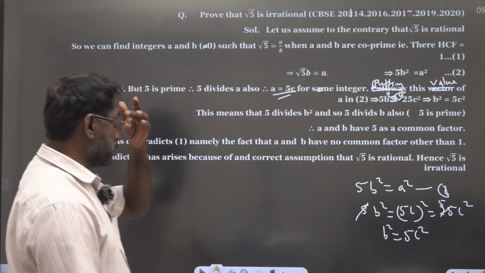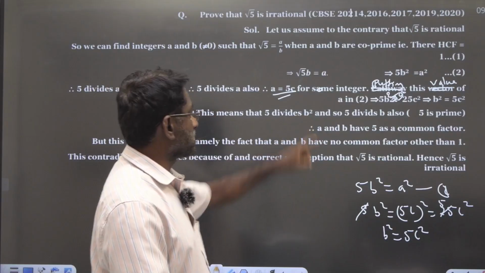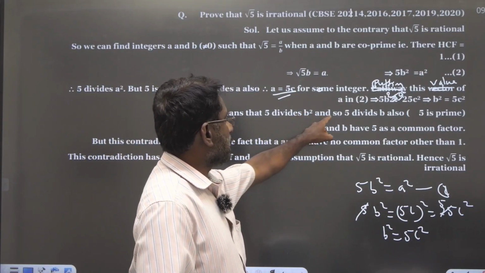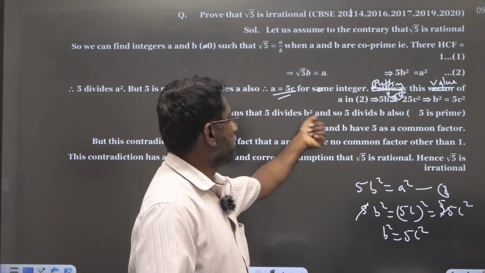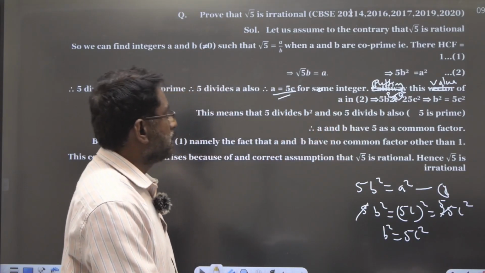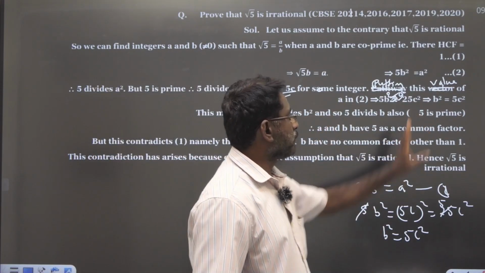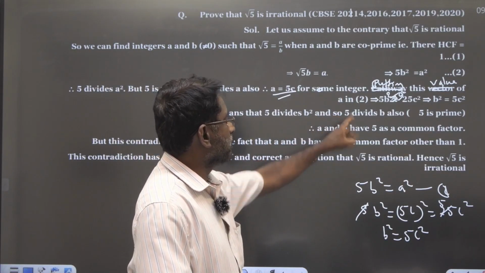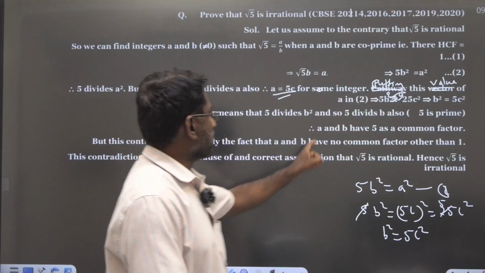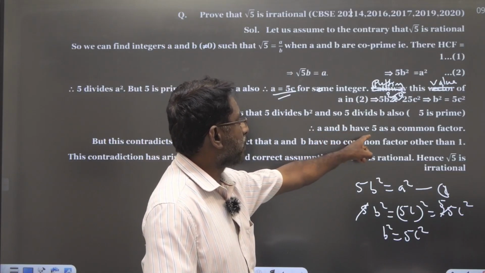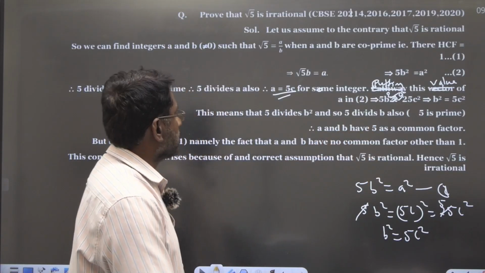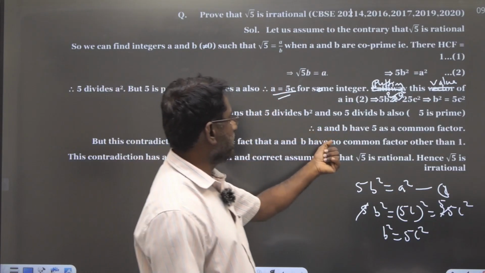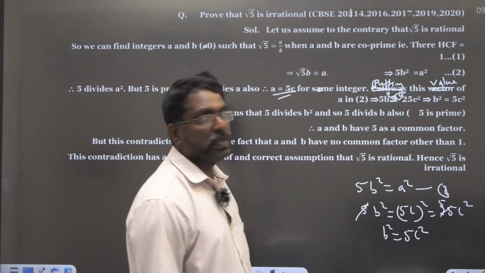This means that 5 divides b square, and so 5 divides b also, because 5 is prime. If 5 divides b square, 5 also divides b. Therefore, a and b have 5 as a common factor. Already we have that 5 divides a, and from here we got that 5 divides b also.